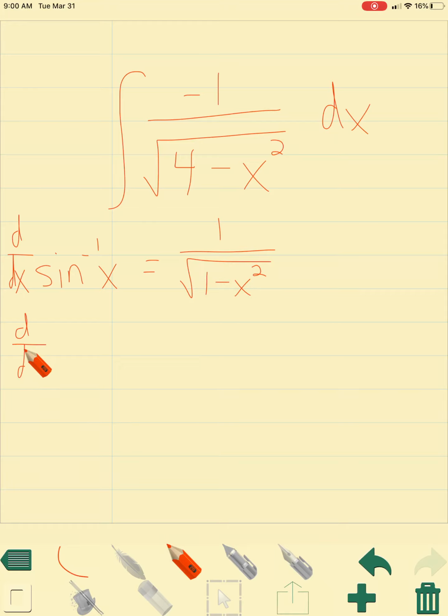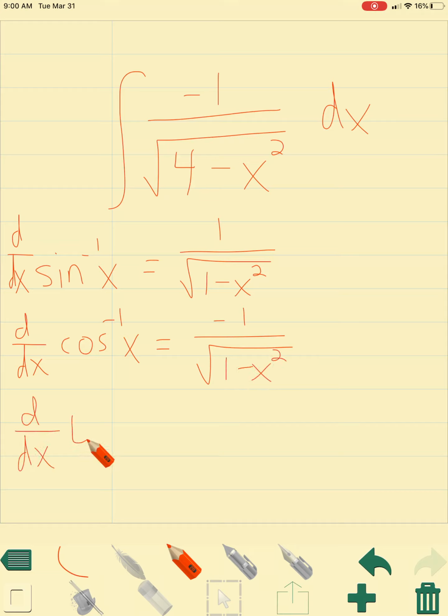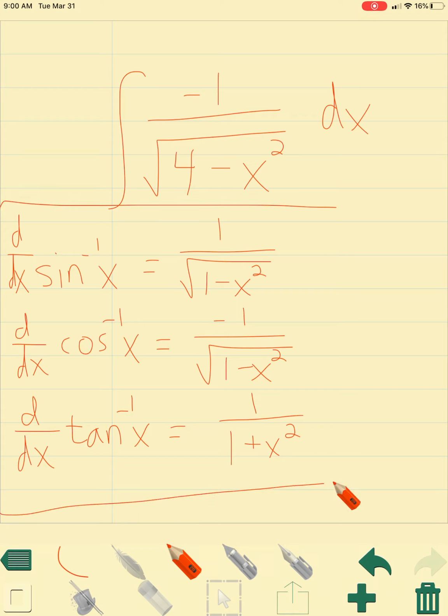If you derive the cosine inverse of x, you get -1 over the square root of 1 minus x squared. And if we derived the tan inverse, what we got is 1 over 1 plus x squared.